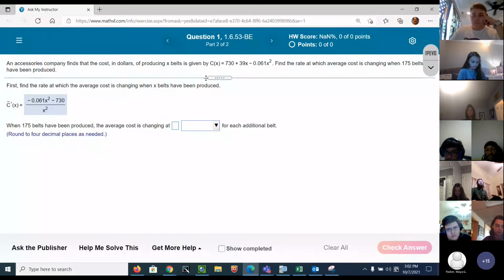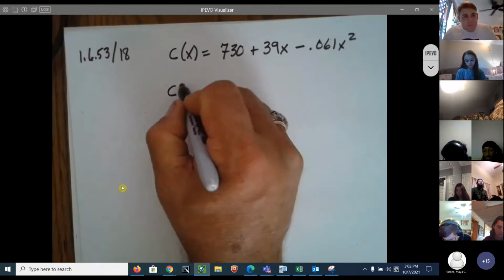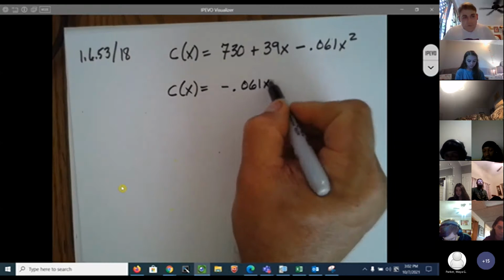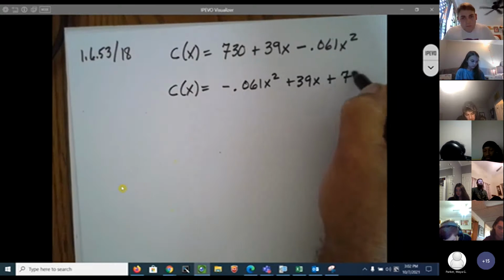So C of x is equal to 730 plus 39x, which is not the way you write these equations. That's just Tide Pod math. Minus 0.061x squared. Of course, I'm going to rewrite that because that's not the way you write an algebraic equation. C of x is equal to negative 0.061x squared plus 39x plus 730.